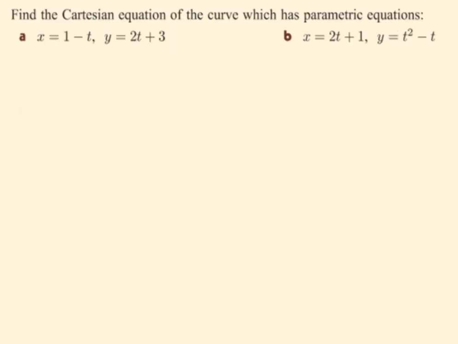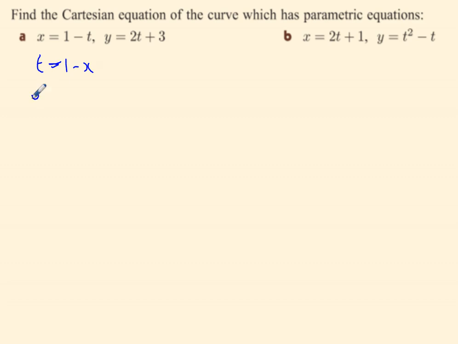Now let's look at changing the parametric equation back into Cartesian form. If I have x equals 1 take t, y equals 2t plus 3, I'm going to rearrange one of these to make t the subject and substitute that into the other equation. In this case, the first equation can simply be rearranged to give t equals 1 take x.